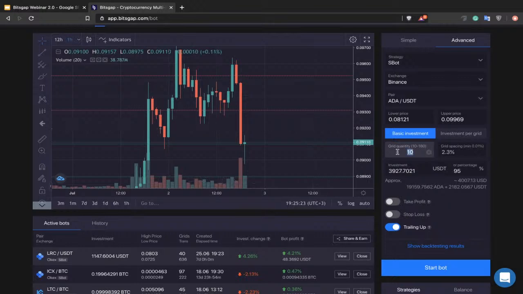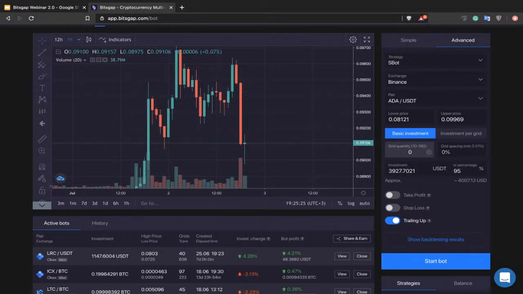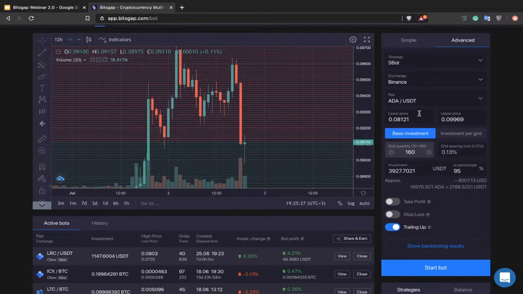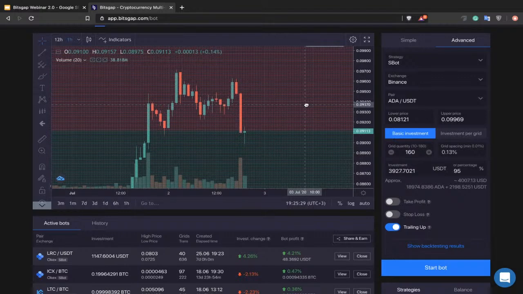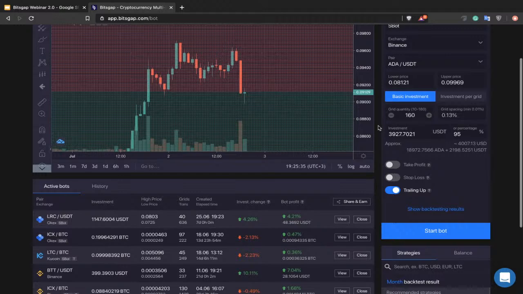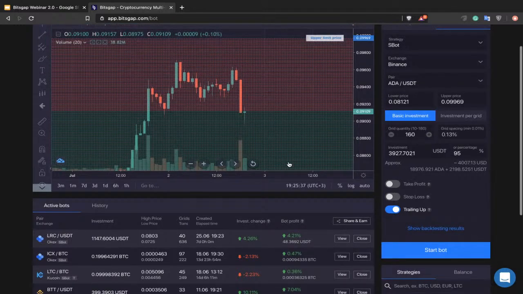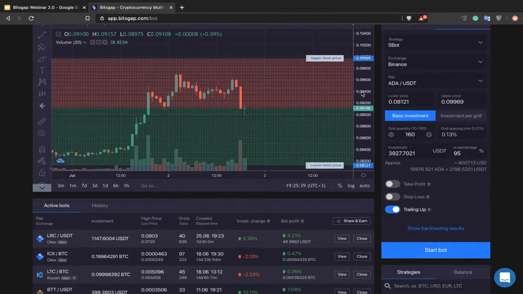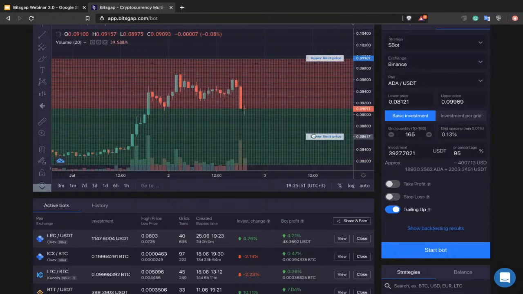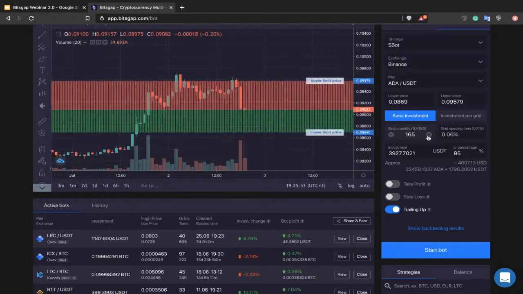So when you have as many grid levels as possible, and the possibility is defined by the technical specifications depending on the cryptocurrency exchange. So for Binance, you can have the grid spacing down to 0.01%, all right? And you can have up to 180 grid levels.